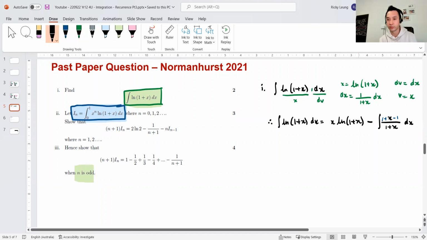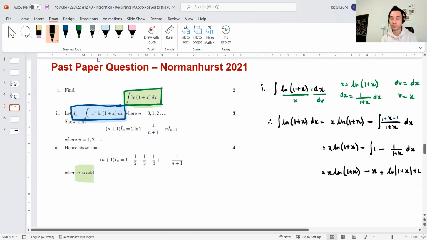Yep. Sweet. We get x ln(1 plus x) minus the integral of 1 minus 1 on 1 plus x. Just then quite simply, x ln(1 plus x) minus x plus ln(1 plus x). Let's see. All right.